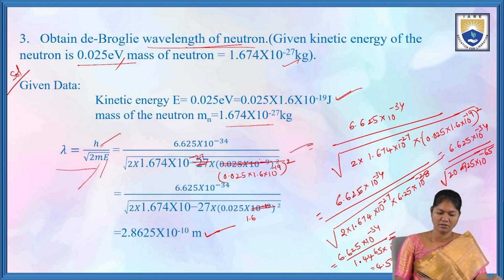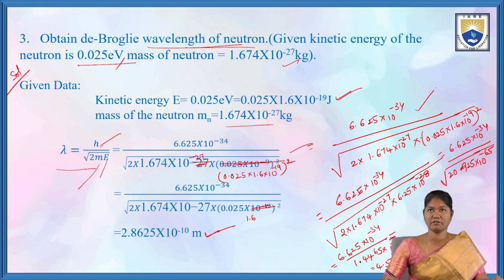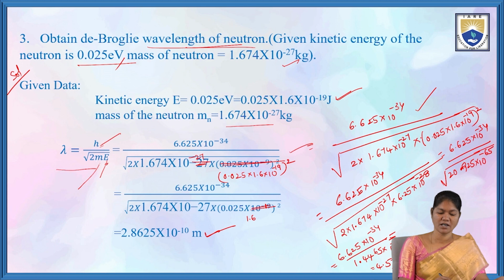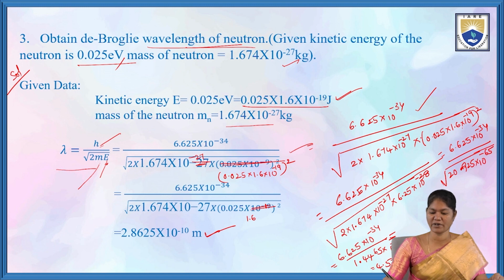So substituting, h is 6.625 into 10 power minus 34, root of 2 into m, which is 1.674 into 10 power minus 27, into the value of energy which we take converting into joules. So 0.025 into 1.6 into 10 power minus 19, whole square.